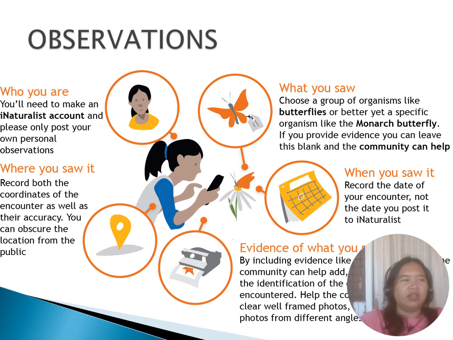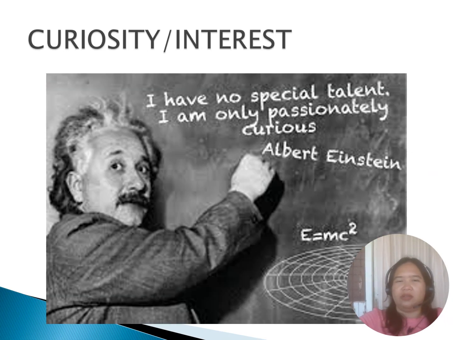Observation: you can look outside your house through your window, try to observe, use your five senses, and observe things. Maybe you can see something unique that you have an interest in, that you're curious about. So this is also one source of your scientific question.